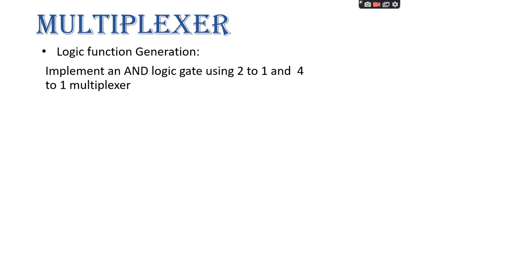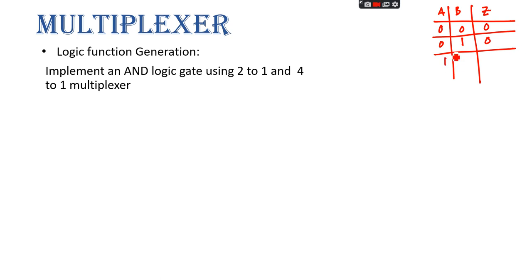So what is the AND gate truth table? Suppose for AND gate you have two inputs A and B. Whenever it is 0 0, the output should be 0, right? Whenever it is 0 1, output should be 0. Whenever input is 1 0, output should be 0.